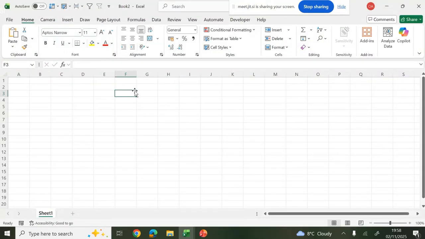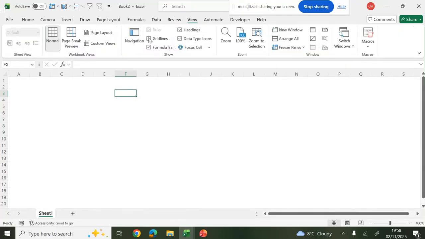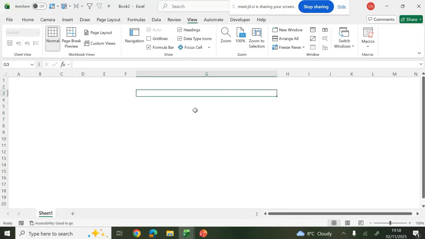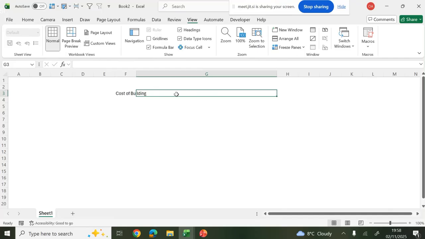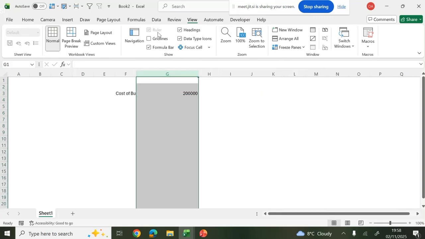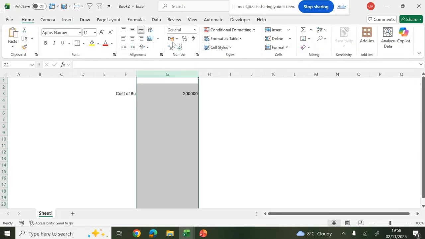So the asset, cost of building, the building cost $200,000. Permit me to use pounds.